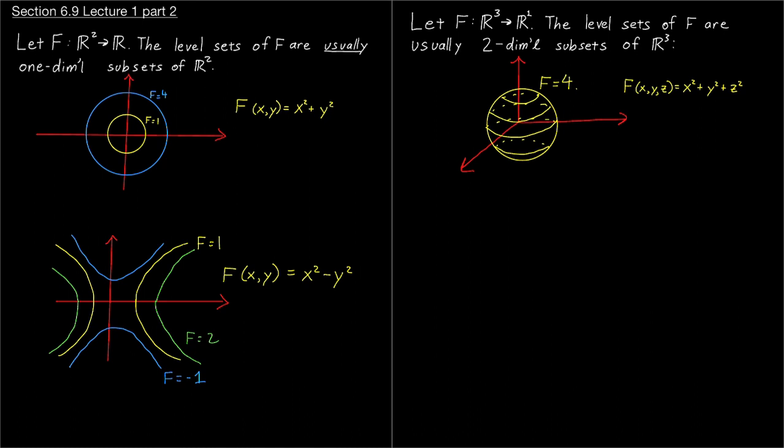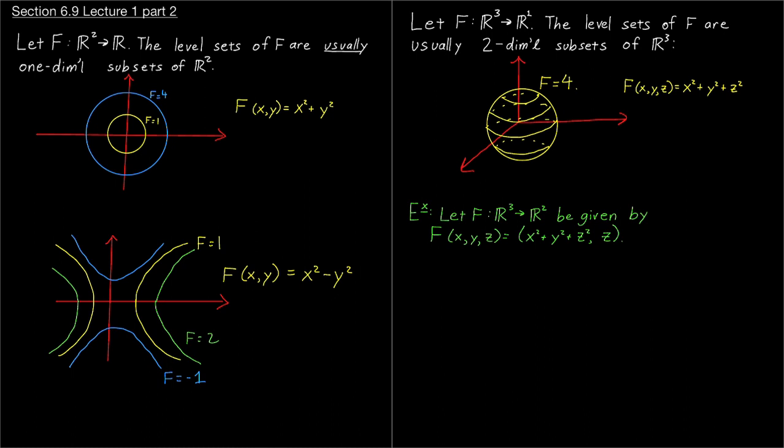Now let's talk about a vector-valued function. What do level sets of vector-valued functions look like? Let f go from R3 to R2 be given by something I think I can draw: f of x, y, z equals x squared plus y squared plus z squared, comma z.